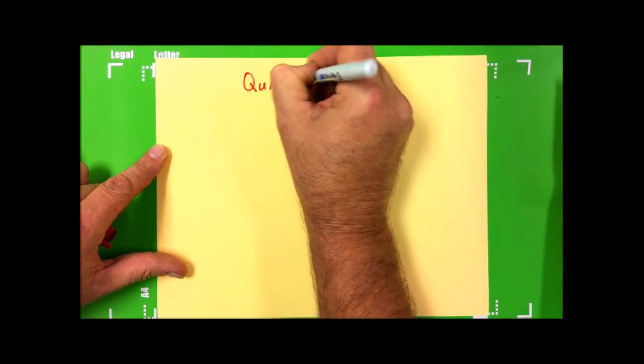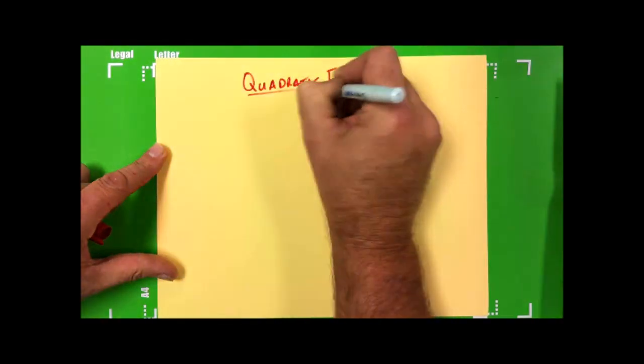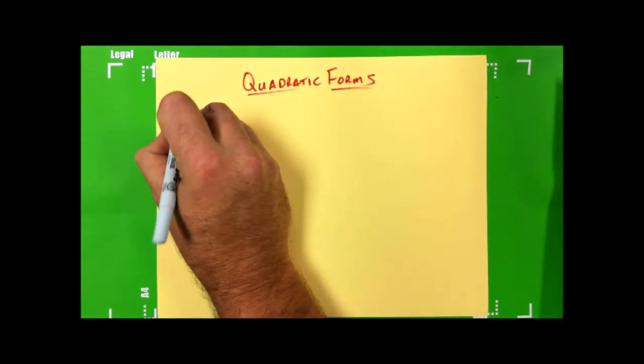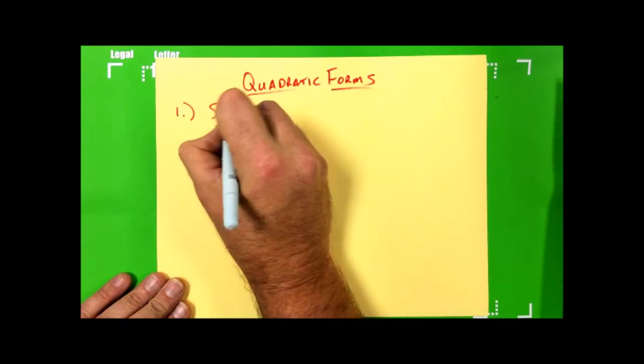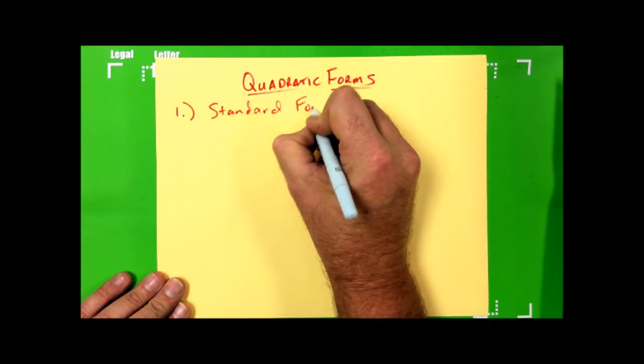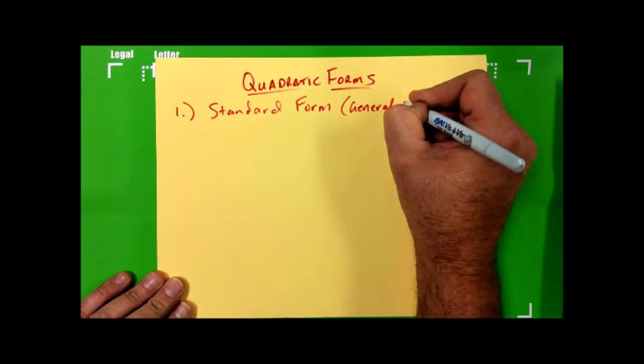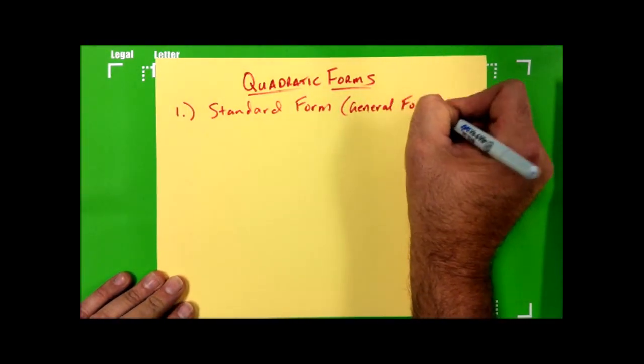I want to look now at quadratic forms. In order to do your assignment today, you're going to need to know these forms a little bit better. I've already told you or alluded to a form that we know as the standard form. It'll also be called the general form. And I want to make sure that I clarify something.